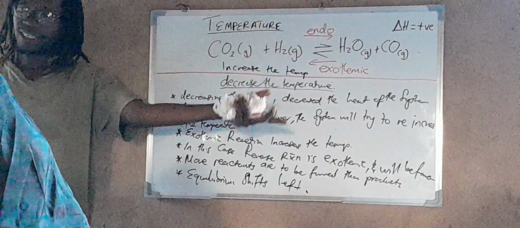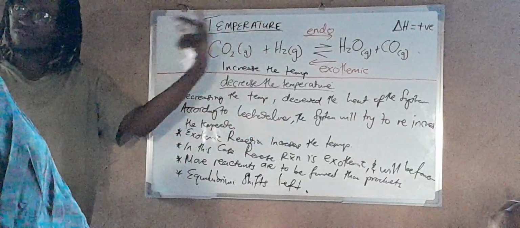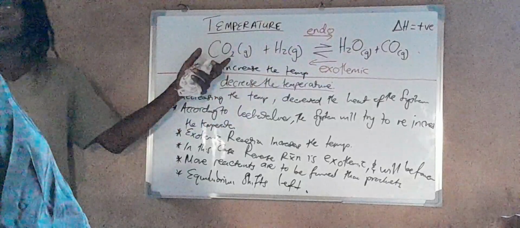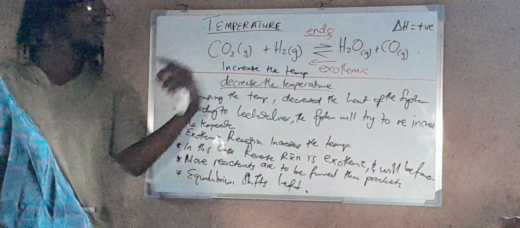The forward direction is favored, so we are creating more products than reactants. So the equilibrium is to what?